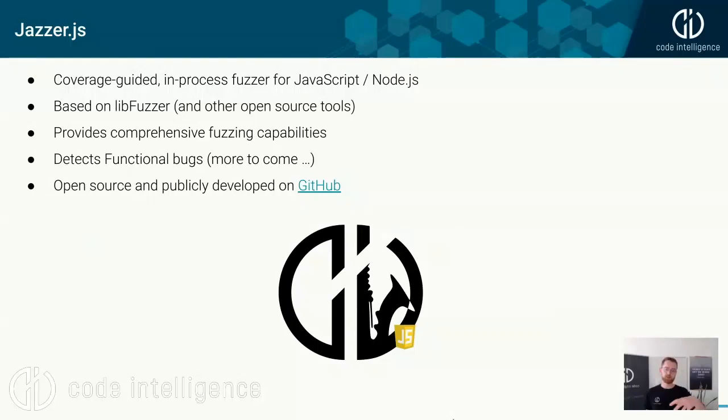It integrates libFuzzer for its fuzzing algorithms and bridges the gap between the C and C++ world and the JavaScript application world. By doing so, Jazzer.js already provides quite extensive fuzzing capabilities. It can reach deeply into the application that is tested and is able to detect the functional bug category I mentioned on the slide before.